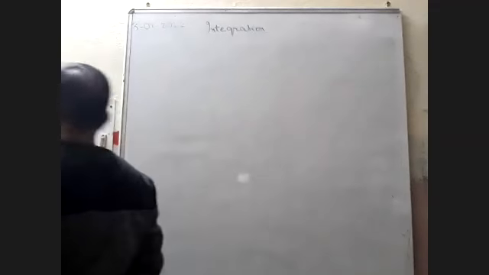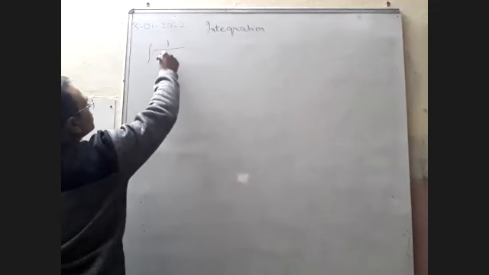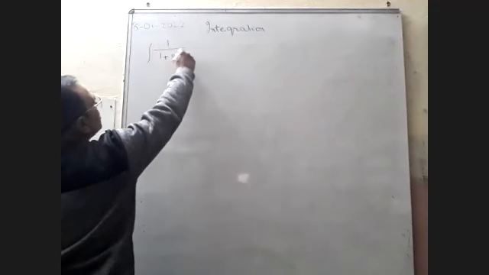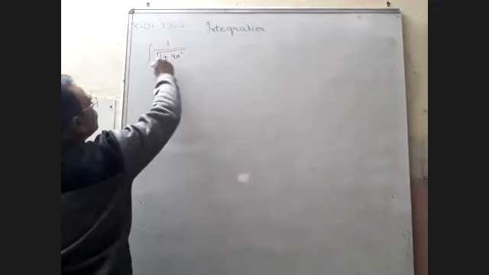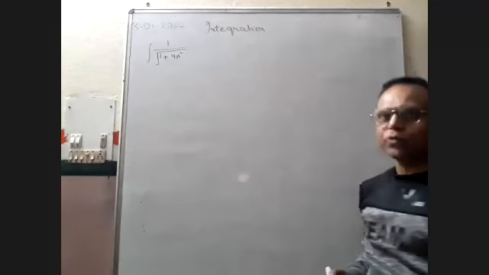1 upon under root of 1 plus 4x square. You have to integrate this one. First of all, the coefficient of x square should be 1.